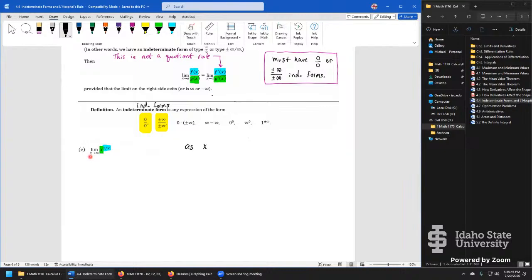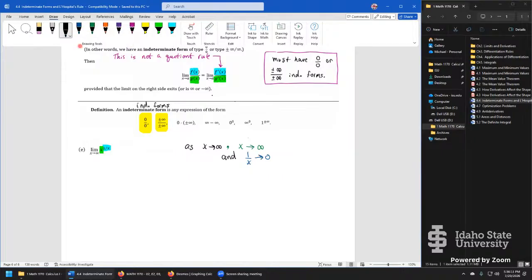As x tends towards infinity, this is one component of the base. X tends towards infinity. And here's the exponent, 1 over x. Well, if x is getting larger and larger without bound, then 1 divided by x is just approaching 0.